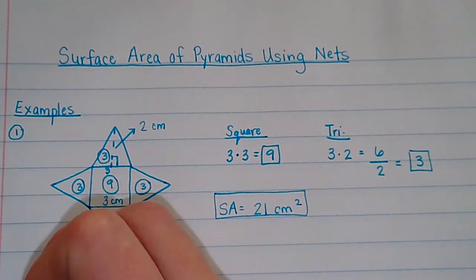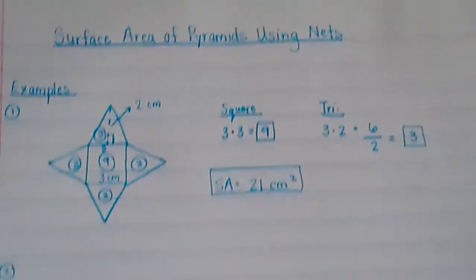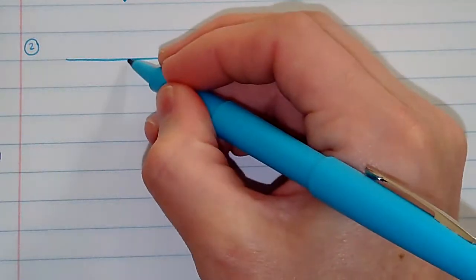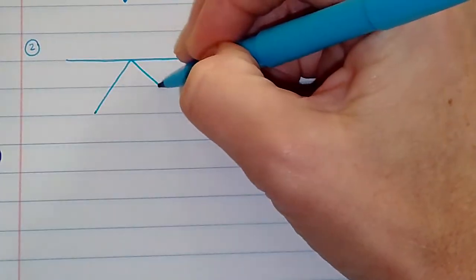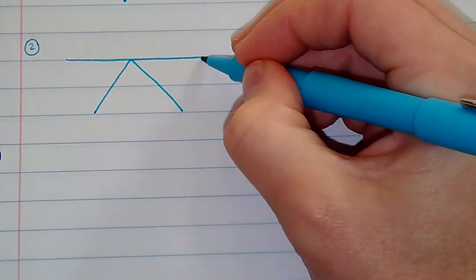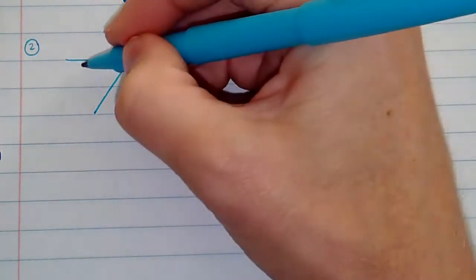Okay? Let's look at number 2. All right, so this one's going to be a triangular-based pyramid. So let's see. Yeah, mine's off already, so don't be concerned.